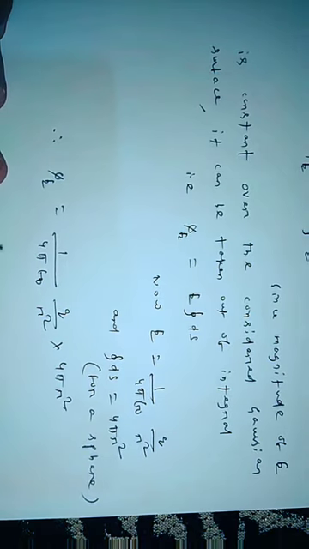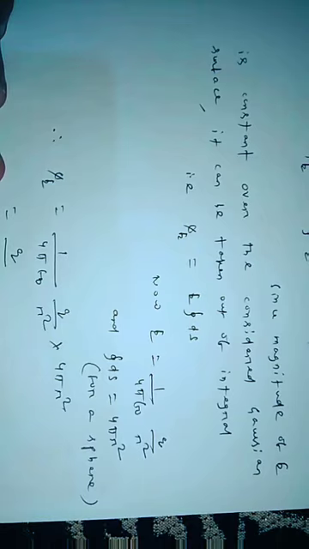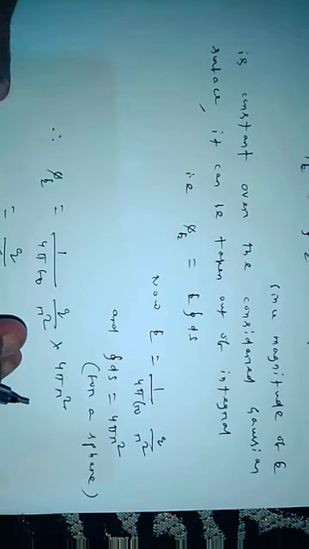So 4 pi cancels, r square cancels, and we get q by epsilon 0.